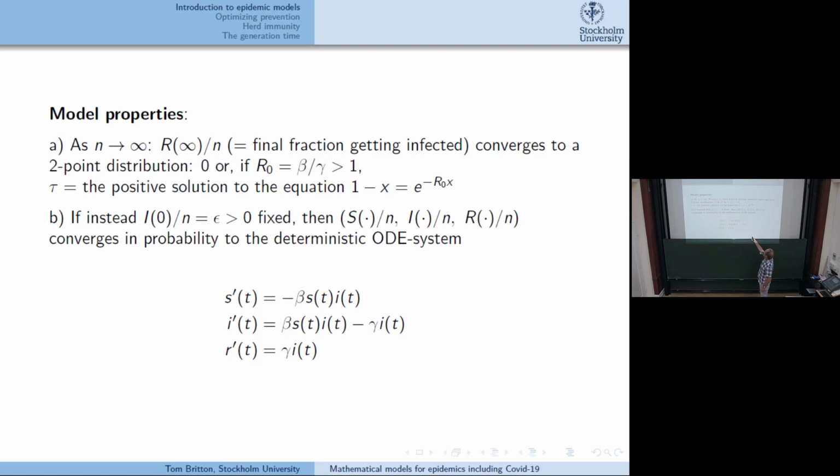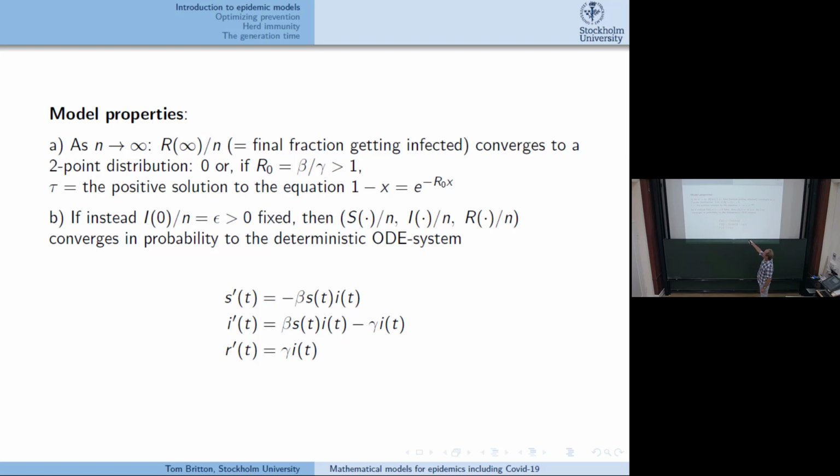So if you solve this equation numerically, x equals 1 is a solution because we see that 1 equals e raised to the power 0, so that's a solution. And there's another solution if this quantity R0, which is this quantity, and what is that?